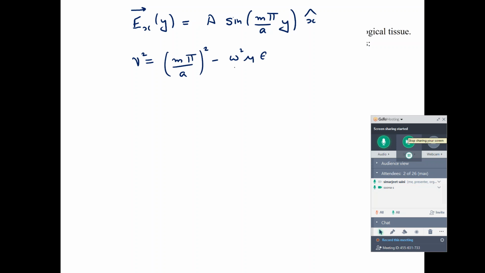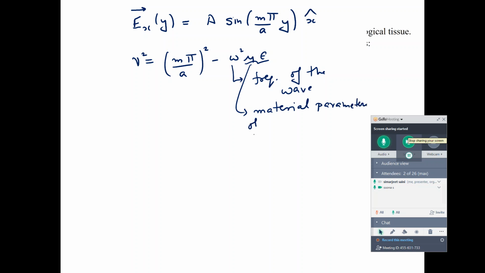You notice here, this omega is the frequency of the wave. Mu epsilon, these two are the material parameters of the dielectric between the conductors.